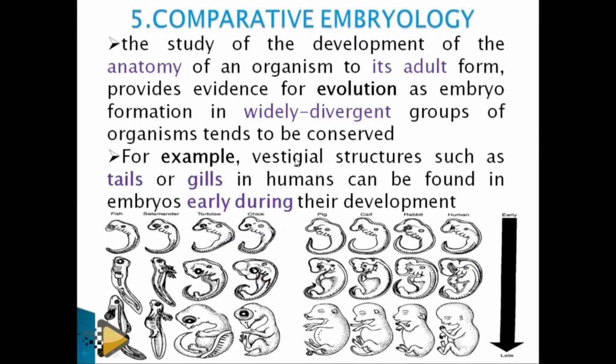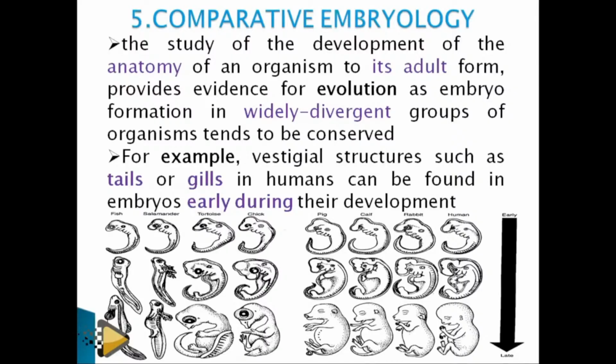Vestigial means those structures which had a function before, but are no longer there. So it shows that at a certain time T, you had tails. Because the tail is not important to us, we call it vestigial. So it decreased, it disappeared. The tail is a vestigial structure. Gills, we no longer have gills, they were modified into lungs.